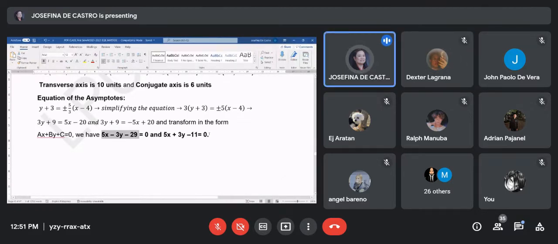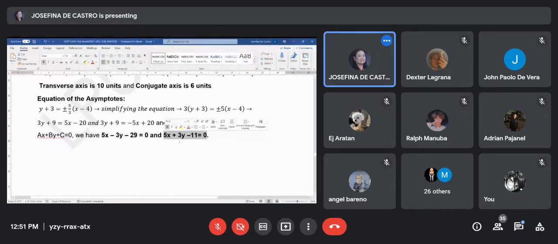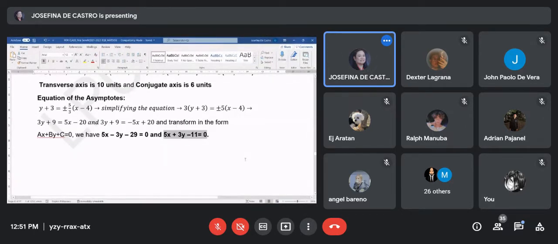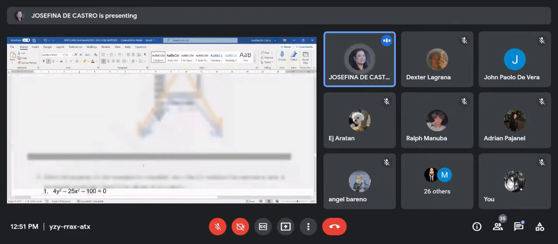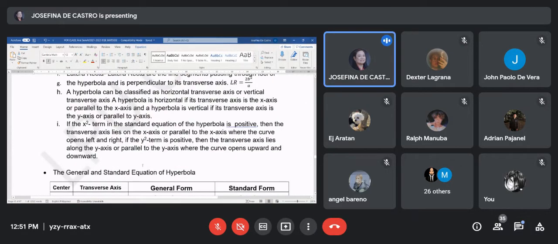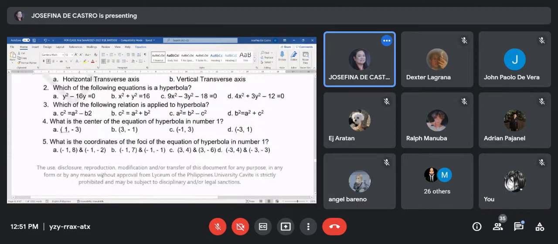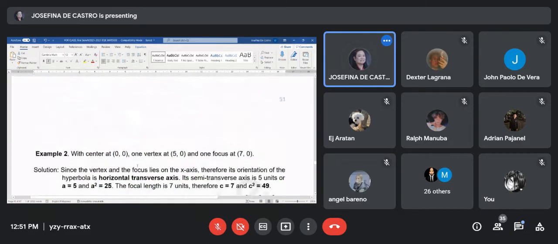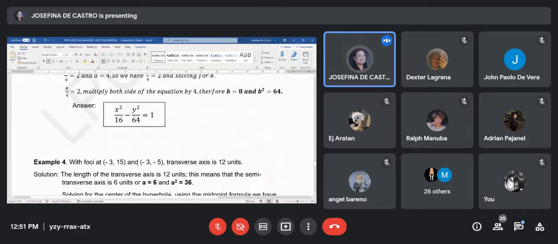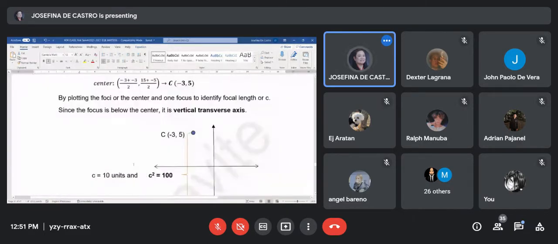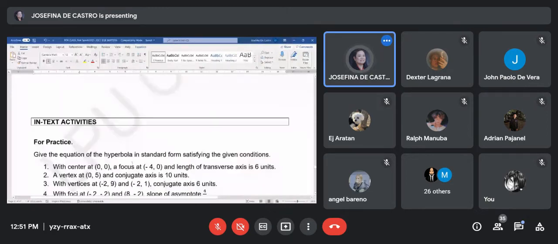Ito naman, ano ang slope nito? Negative 5 over 3. Okay. Yun na po. Negative A over B. O, ayun na. Marunong na kayo mag-identify ng slope. Titignan lang ng equation. Okay, next.